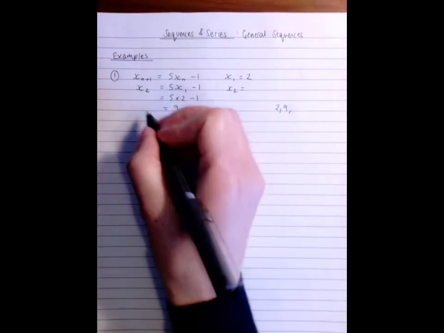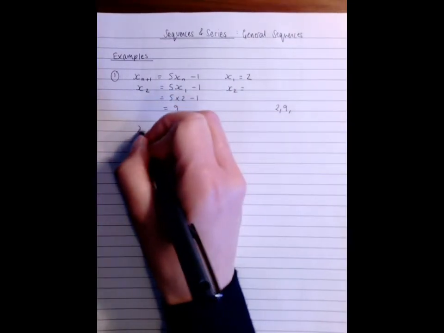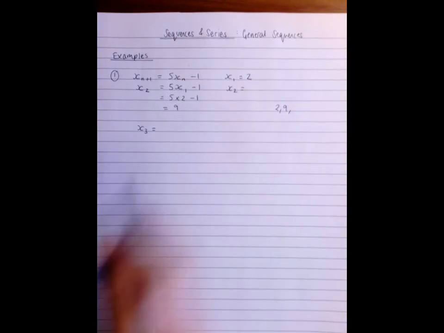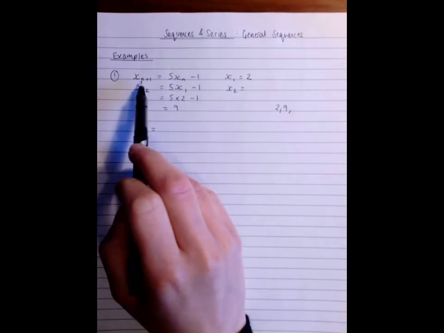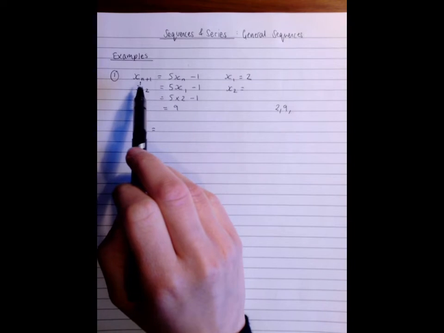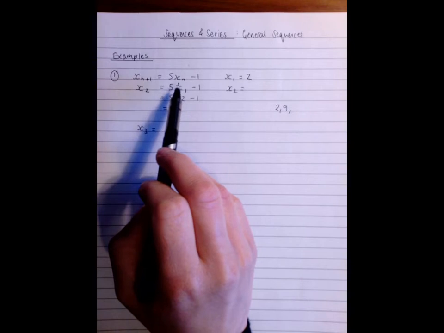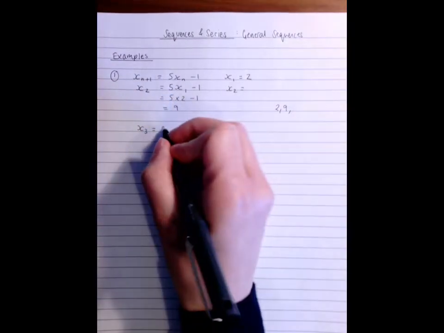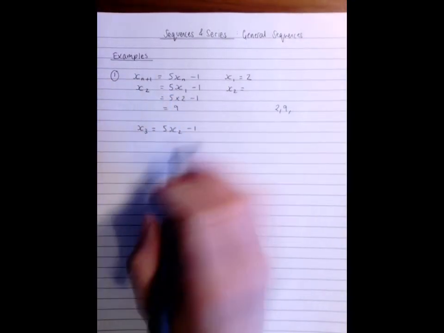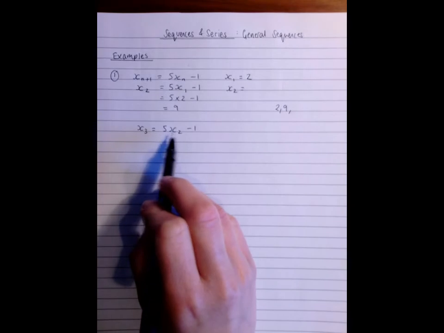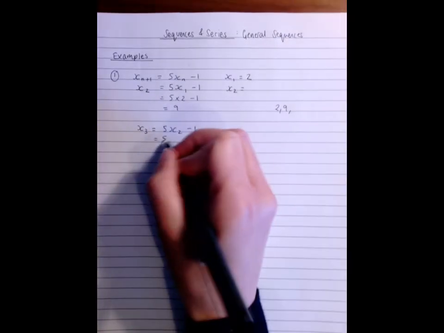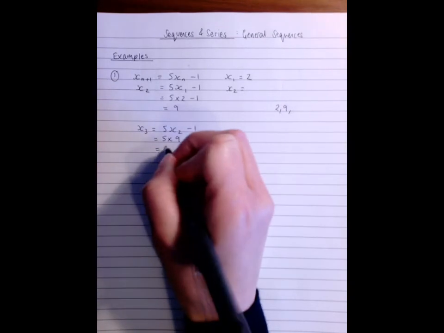And then to get the next number in the sequence, x3, that means n would be 2, 2 add 1 is 3, so I'd have to do 5 times x2, take away 1. Basically you're always timesing the previous term by 5, take away 1. So this would be 5 times 9, take away 1, which is 44.